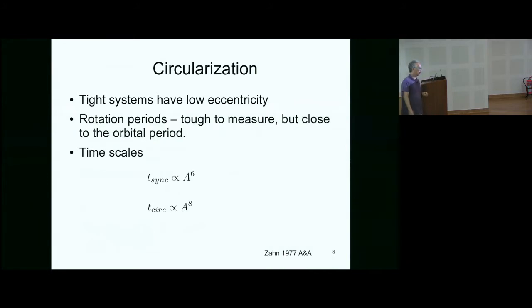For the circularization of the orbit, it's orbital size to the 8th power, which means that systems that are on very tight orbits will circularize and become synchronized very quickly, but most of the systems will have to wait for their radii to expand and for the mechanisms of energy dissipation to become efficient, to circularize and to become synchronized.